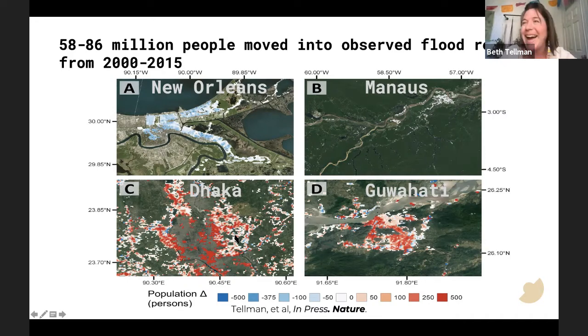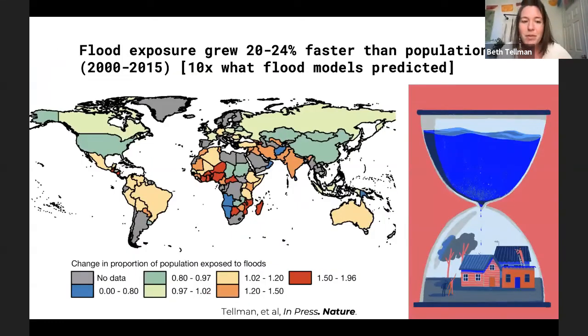Places like Dhaka, I think Kit talked about this, and Guwahati, India, that we know are growing into places that we've observed as flooded. In Dhaka, there are so many homes being built in places that flooded just as recently as 2007. Other places like Manaus, Brazil, where we didn't really see that much change and where people were moving in and out of the observed floodplain in the satellite record.